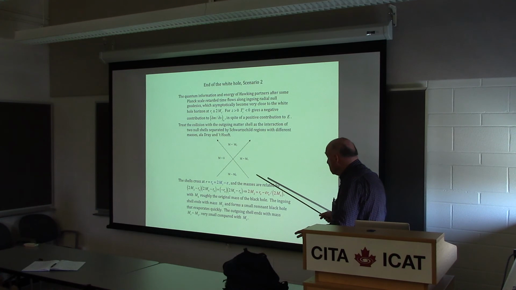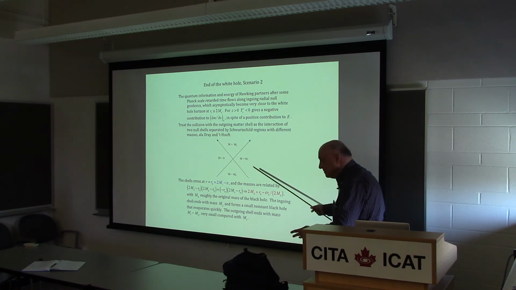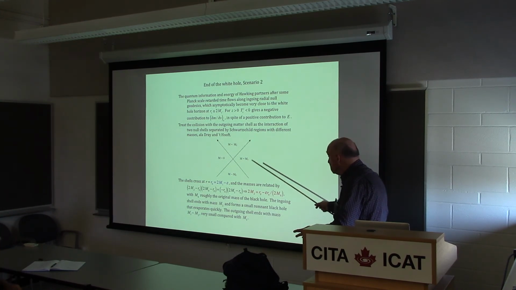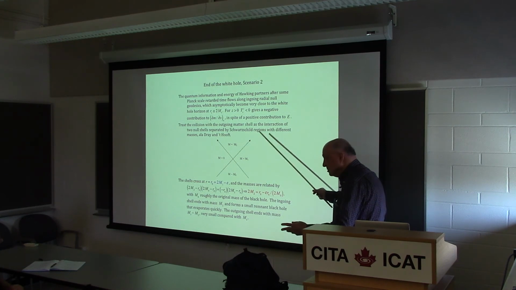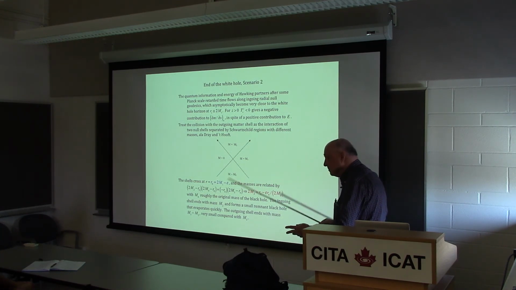Now, so whatever you end up with then is a sort of a shell of stuff going just barely inside the white hole horizon at this radius r1. And then you have the outgoing matter, which I'm going to assume you can think of as just a radial outflowing shell of initially positive energy.